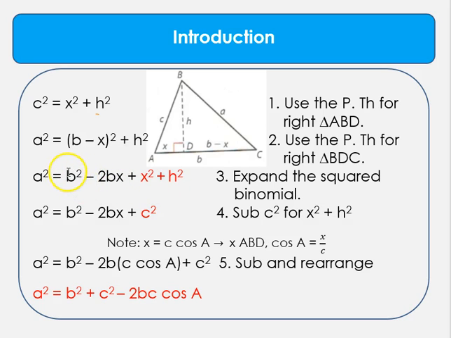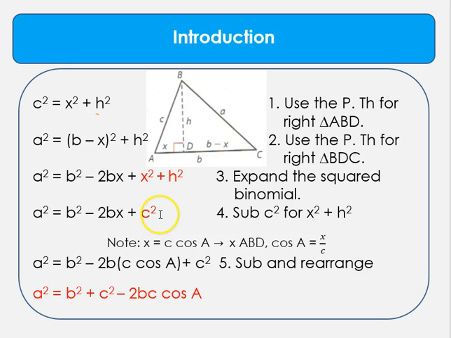So we end up with the trinomial b squared minus 2bx plus x squared, and then we still had plus h squared in the original equation. So that's expanding the squared binomial. We now have the trinomial and a term.